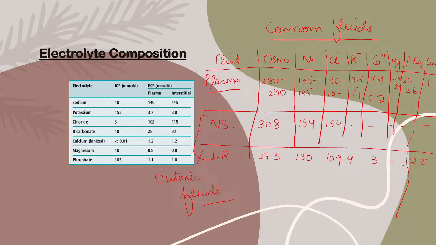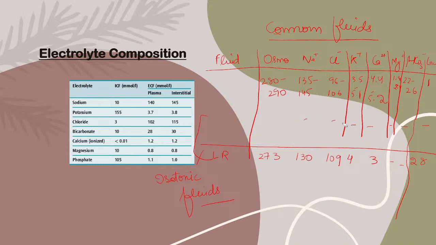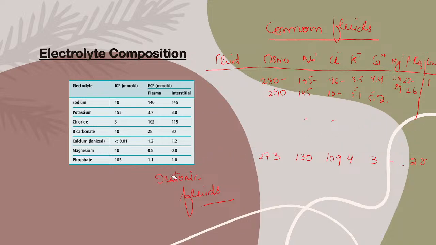For hypertonic, we would be taking 3% NS as an example, and for hypotonic, we can take half NS, that is 0.45% normal saline.